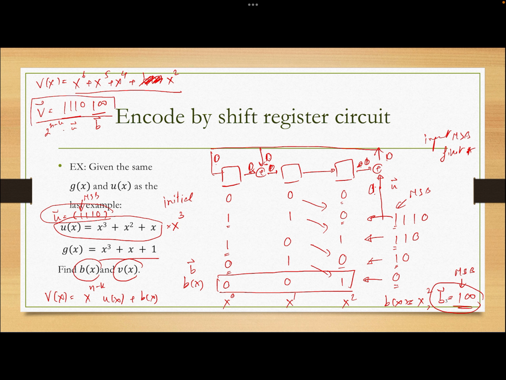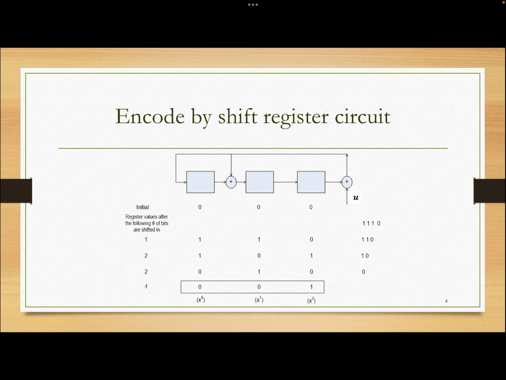So you finish the encoding of this example of the cyclic code. And I drew it so that you can read it more easily, but this is the same as what I just wrote down in the last slide.